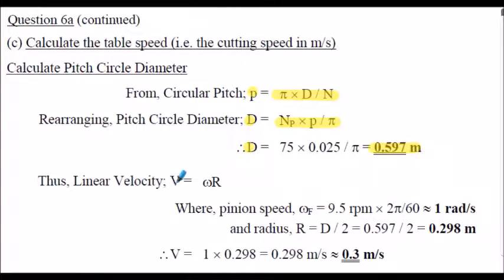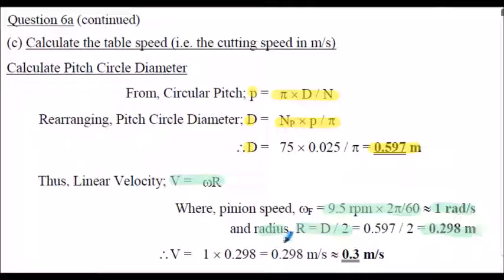Then using this really useful relationship, this one, always keep that in mind. V is equal to omega r is a really useful relationship relating angular velocity and linear velocity. You must always convert, so that 9.5 RPM must be converted into radians per second. I get nominally 1 radian per second there, approximately. Our radius is just half the diameter, so 0.298 meters.